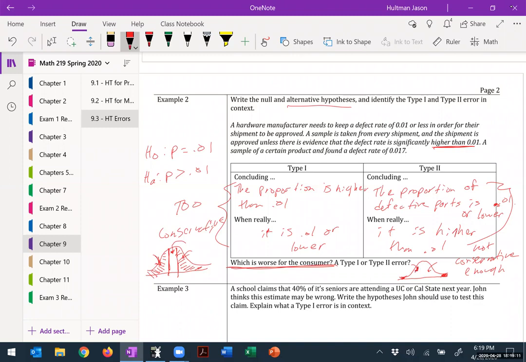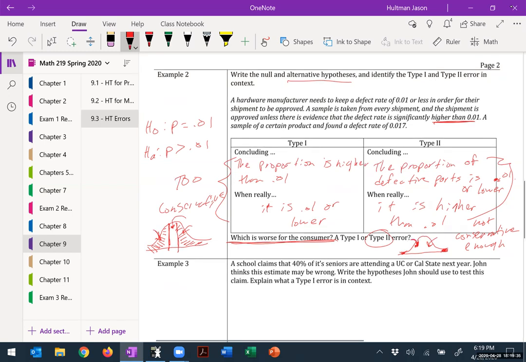And we're just saying, oh, it's okay, we're going to sell that anyway. So what's worse for the consumer? That's type 2 error. We're letting stuff through that shouldn't have gone through. So type 2 error is worse for the consumer. More defects are going to get through.